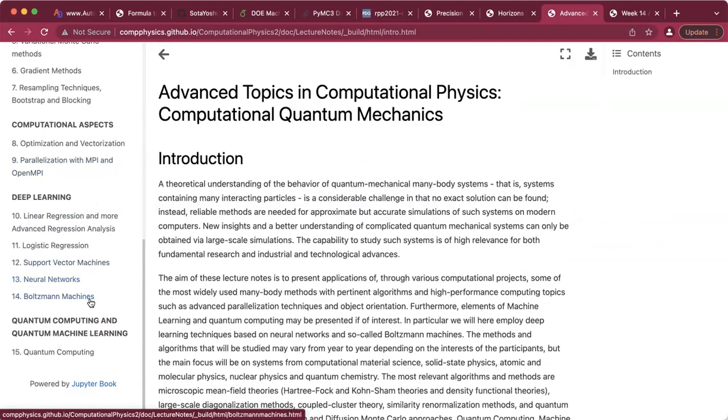So what I wanted, on the other hand, is to jump into the topic of Boltzmann machines, which is something which allows us to make an easier transition to the topic of deep learning, where we can almost immediately go from project number one and simply replace the trial wave function with another trial wave function.